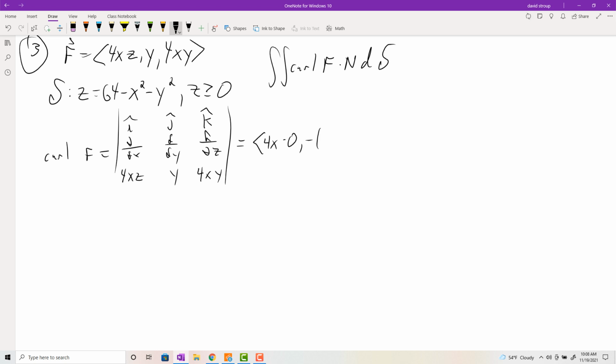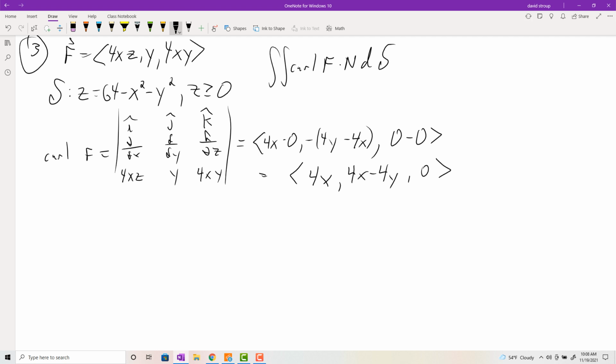The second column, cover that up, you get 4y minus 4x. Cover up the third column, you get 0 minus 0. Well, that's nice of them. So this will turn out to be 4x, then 4x minus 4y, and then 0.